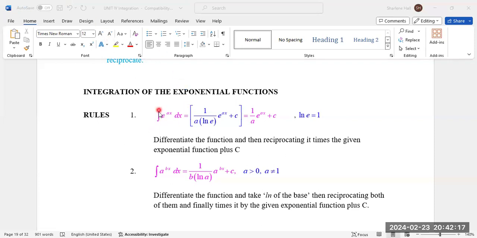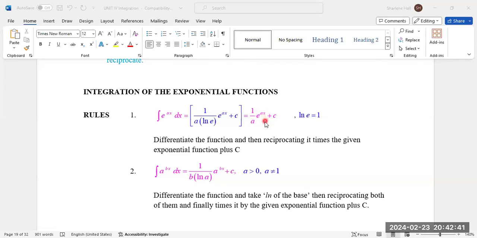But this is it. When I integrate the exponential function e to the ax dx, the integral of e to the x is going to be e to the x. So you notice my answer is going to contain the same thing, e to the ax.